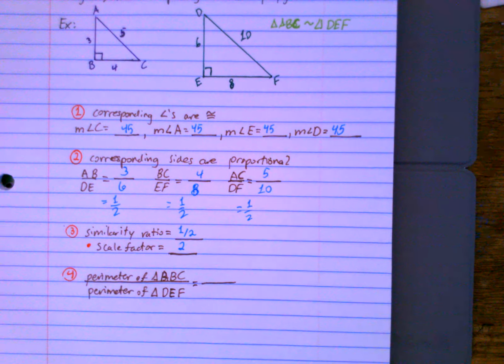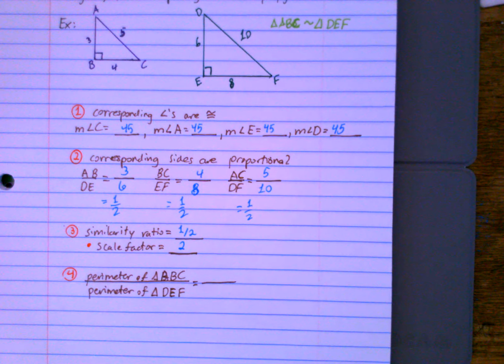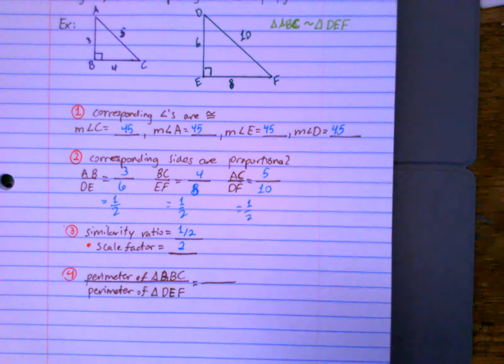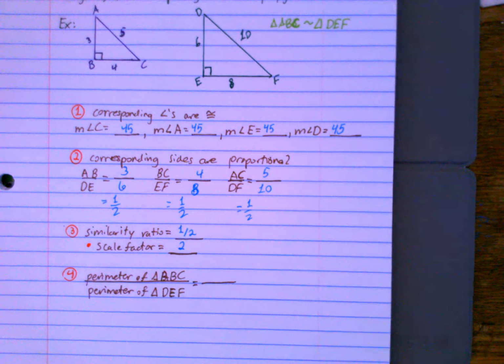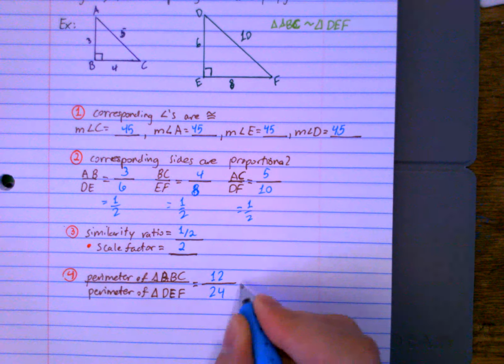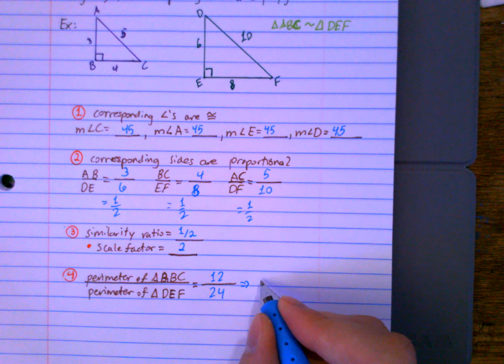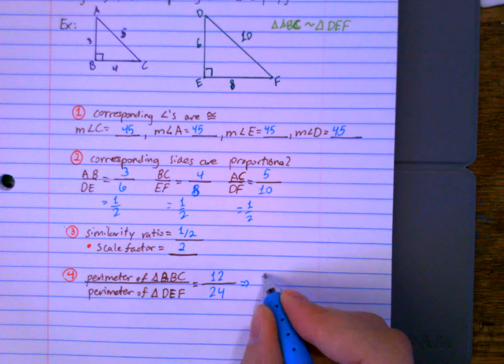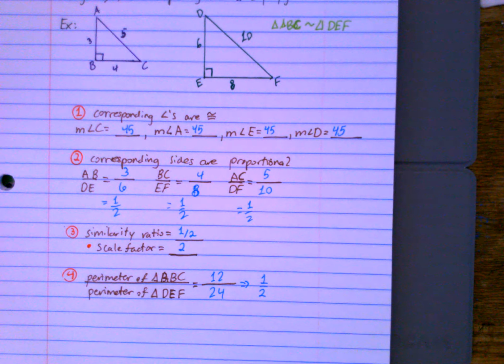So 3, 4, and 5. The perimeter of ABC gives me 12. The perimeter of this one is going to give me 24, which reduces down to what? 1/2. And you're done.